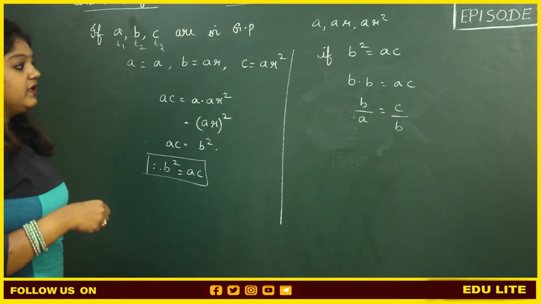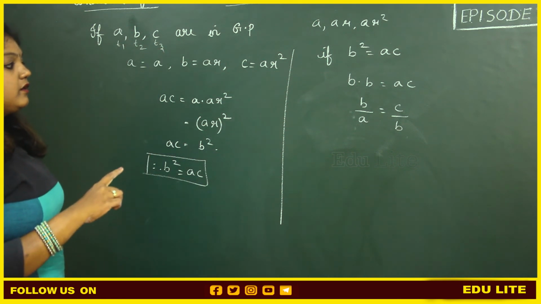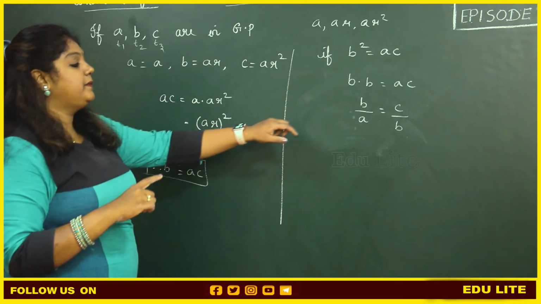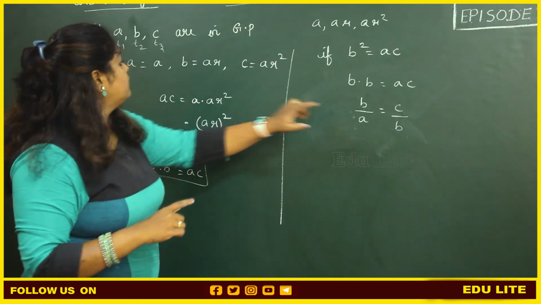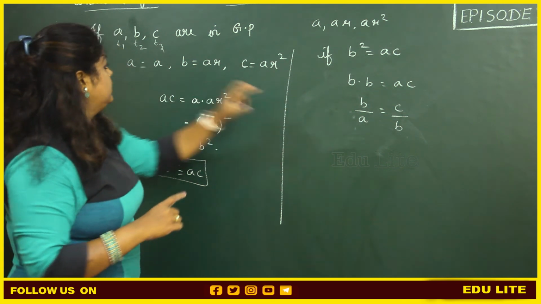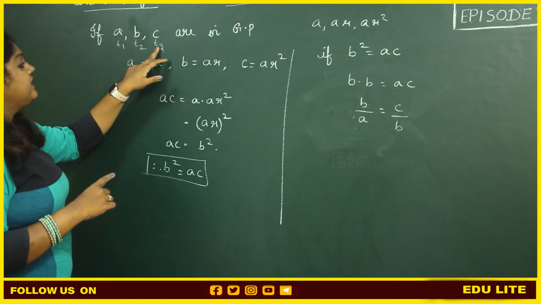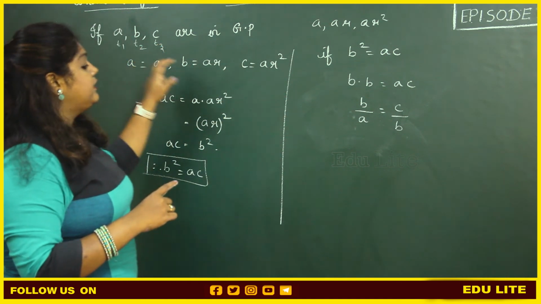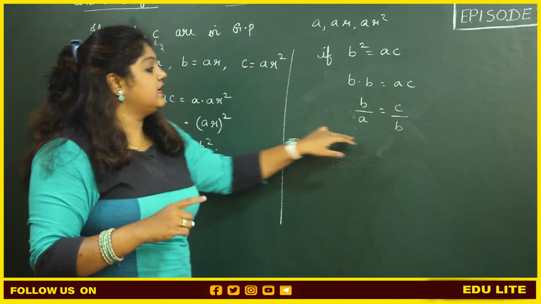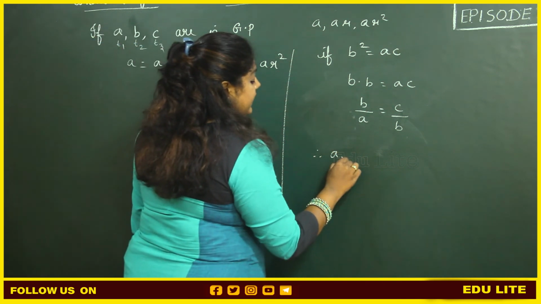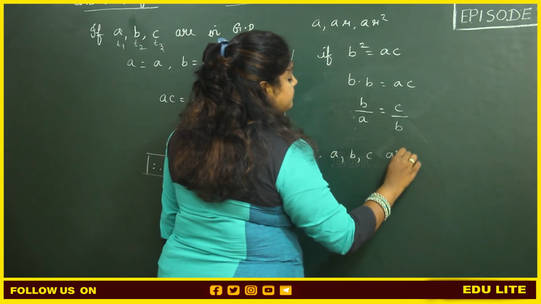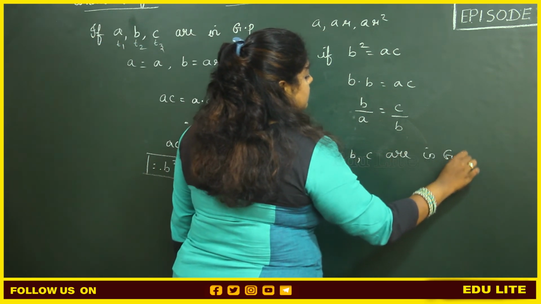According to the GP, the value of R must be the constant common ratio and it could be written as T2 by T1. T2 value is B, T1 value is A. Similarly, on the next side, T3 value is C and T2 value is B. So this forms a GP. Therefore, A, B, C are in GP.